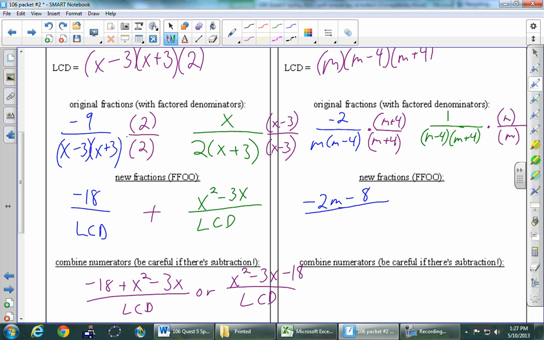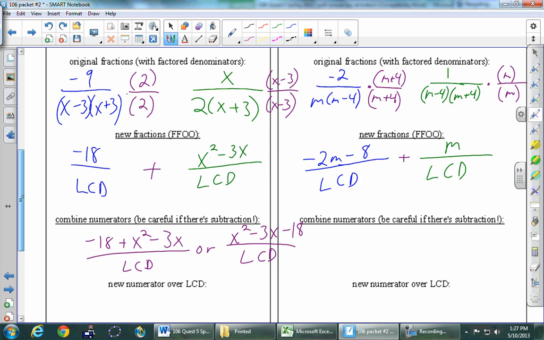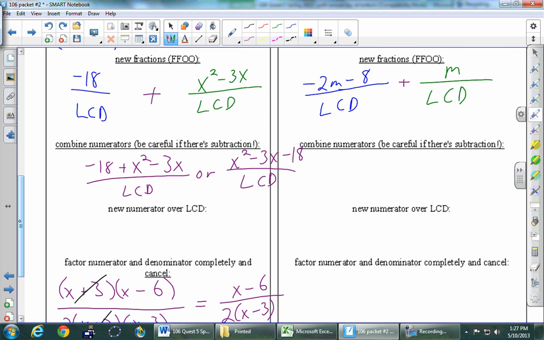2m minus 8 divided by, what can we put? So you could copy it. What else could we put? I could just put LCD. All right, the next one. Upstairs, just a single M, LCD. There's a plus in the middle. Okay, so then just to add them up, you do have 2 things that combine, 2 like terms.